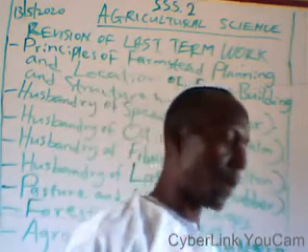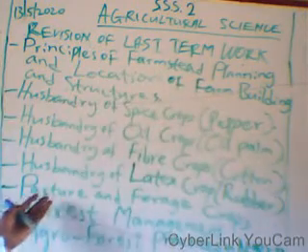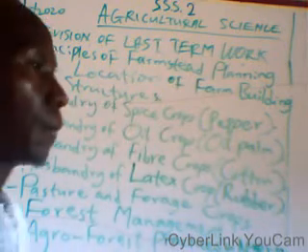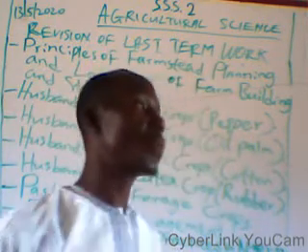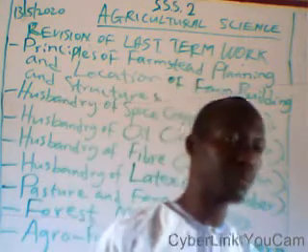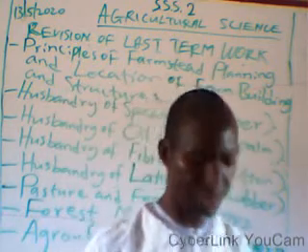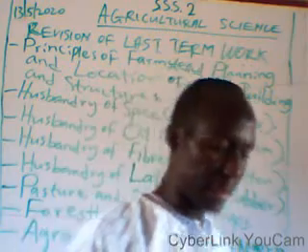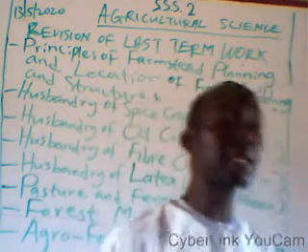That will now take us to forest. The next topic here, forest management. What is forest? Forest is an area of land where trees and bushes are growing. What is the importance of forestry?